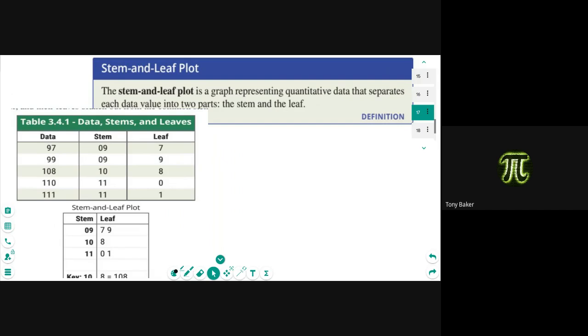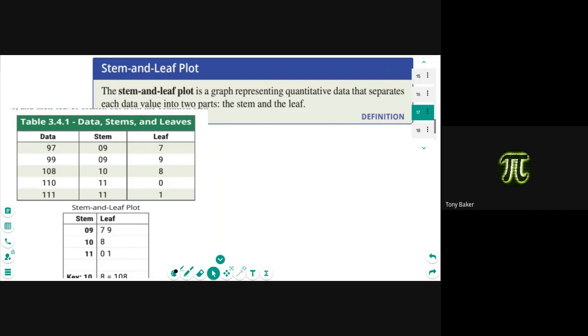So 97, your stem is 9, your leaf is 7. If you think about what we were just looking at with the temperatures, it's basically taking the 10s column and the 1s column and splitting it apart. It's just another way to make classes. The nice thing is it takes that tally mark concept and does the counting all in one shot.